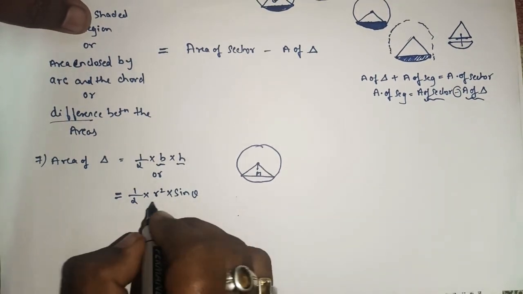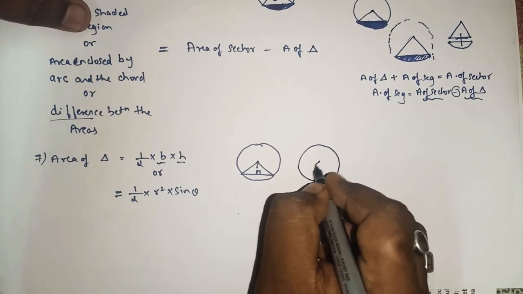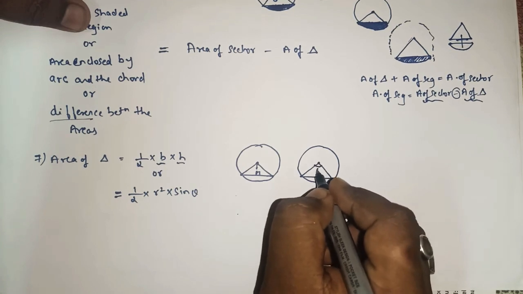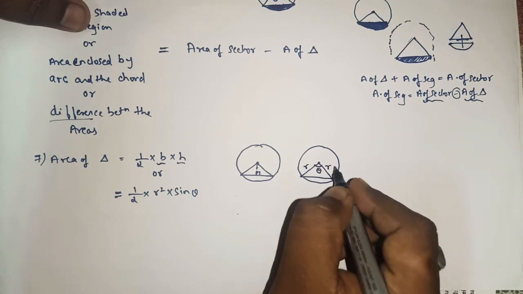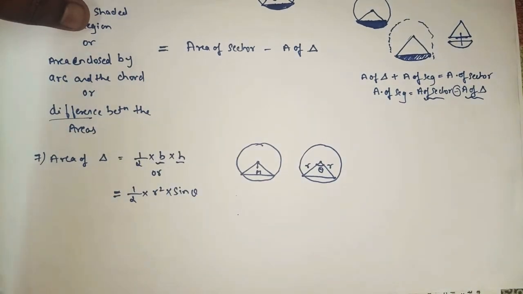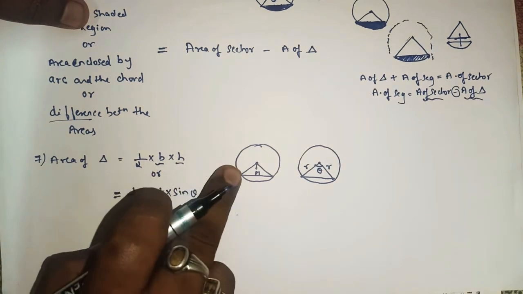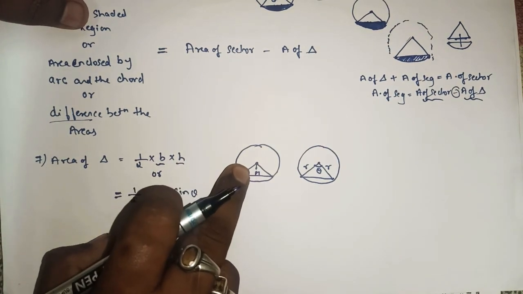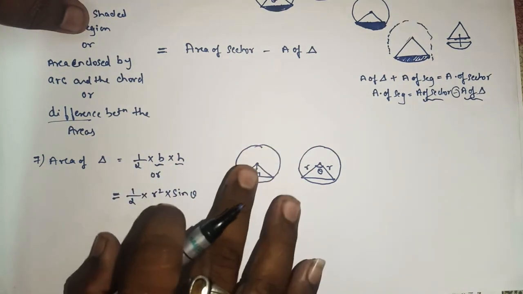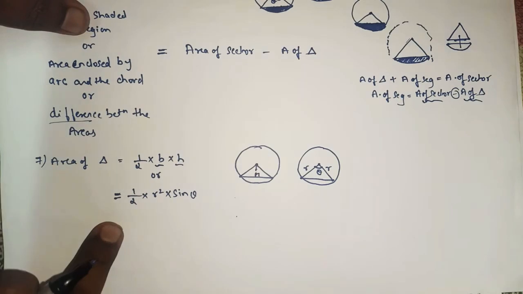Now the second formula, when you want to find the triangle and you have theta and the radius, with the help of radius and theta also we can find our area of triangle. So these are the two formulas with which we can find our area of triangle. One is, if you have base and height, we can find our answer. And if base and height are not there, with the help of theta and radius also we can find our answer.